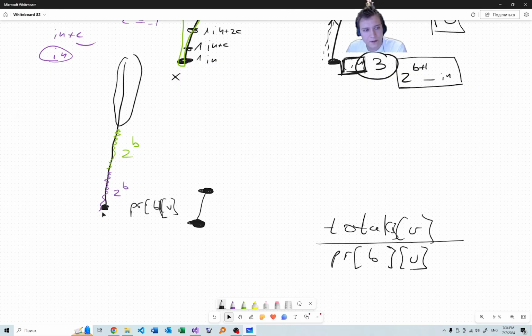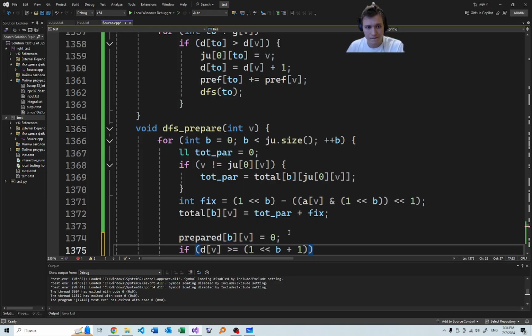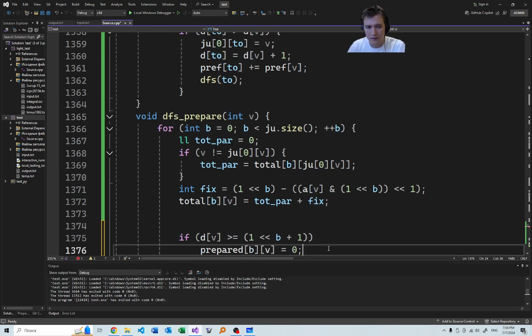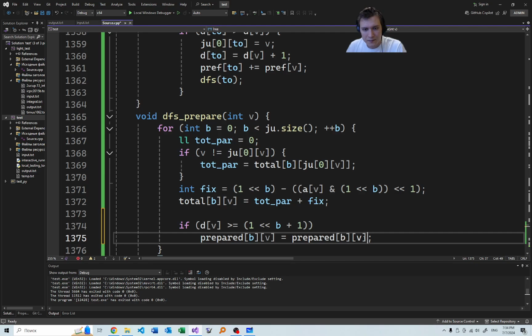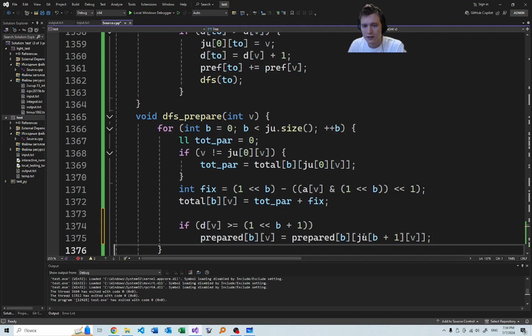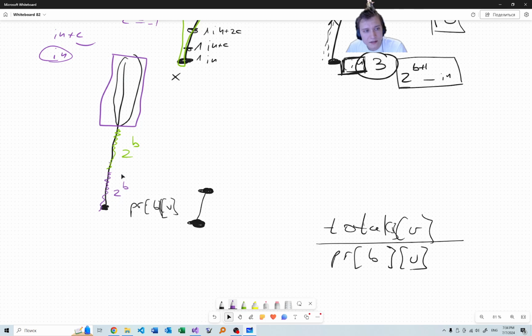Then to pre-calculate this, we need to take this, so we say here prepared is prepared B jump, and then we need to add here the preparation for this segment.